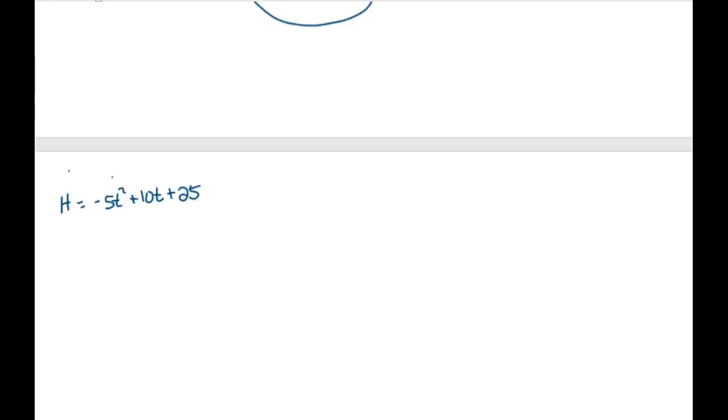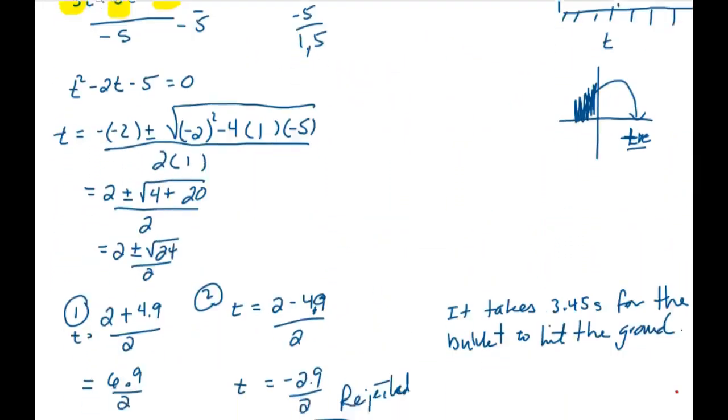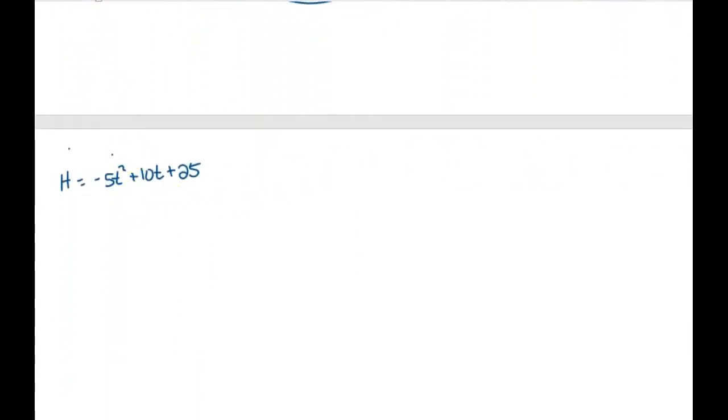Double check just to make sure this is right. And the height is going to be set to 28.75, so I don't need to say height here anymore. I'm going to give the height a value.